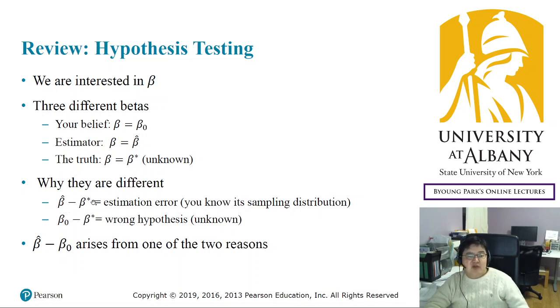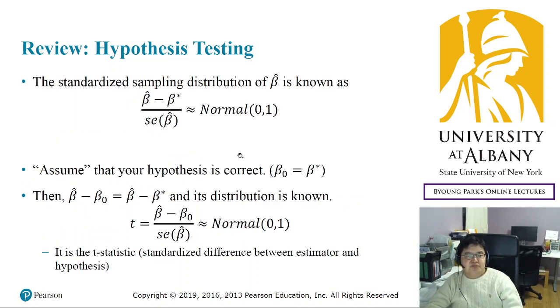Or even if there is no estimation error, this could still be different because your hypothesis is wrong. And of course, almost always the difference is coming from both of them, some kind of mixture of two differences. So that's the basis of what we are going to do.